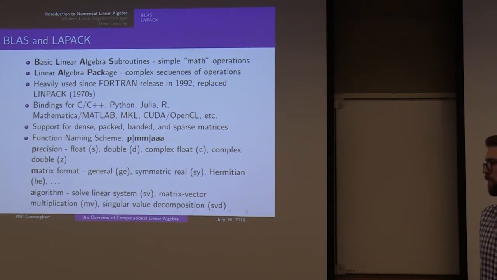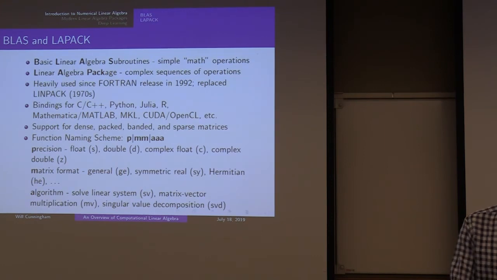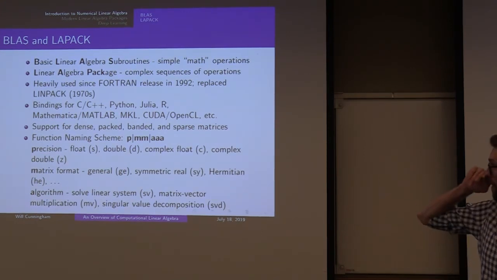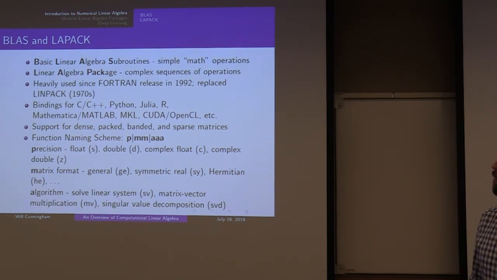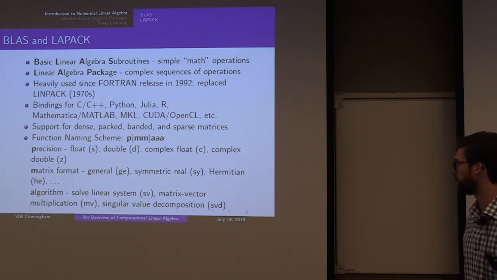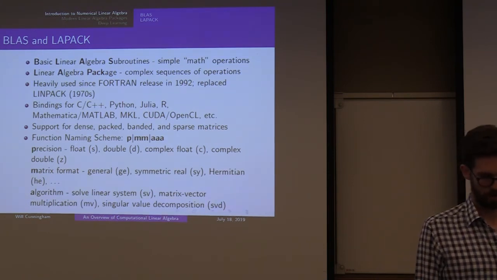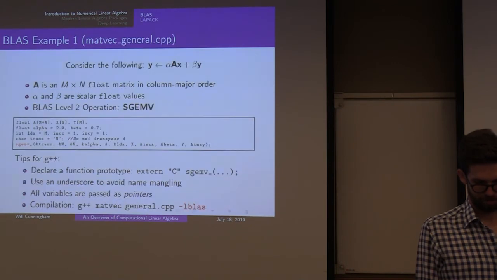There's dozens of these, so it's not worth memorizing at all. And then finally, the algorithm is going to be between 1 and 3 or 4 characters, and this describes what it's doing. Is it solving a linear system? Is it doing matrix vector multiplication, singular value decomposition, eigenvalue solutions, any of that stuff?